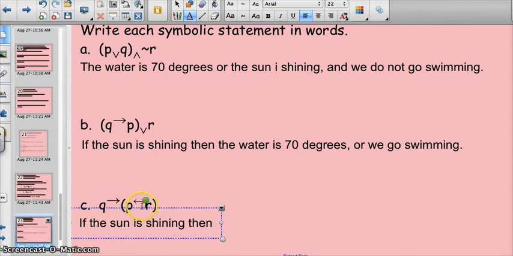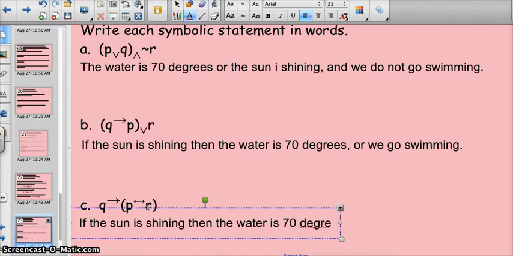Next, we're going to go ahead and write out the rest of this. The rest of this is P with the if and only if, and R. Well, the P is the water is 70 degrees. Next, we've got this double arrow, which is the if and only if.